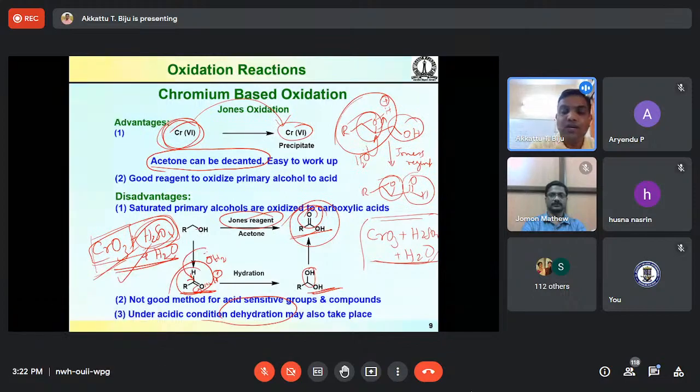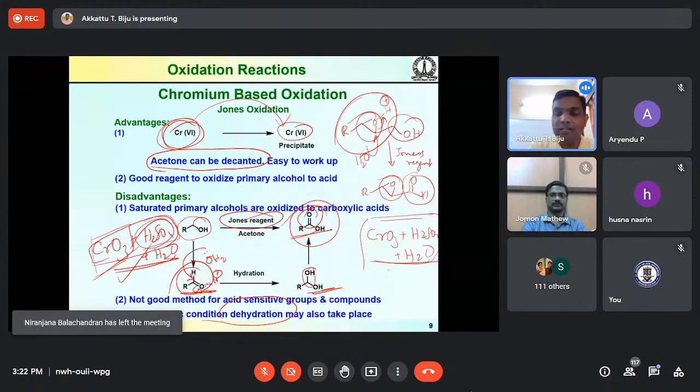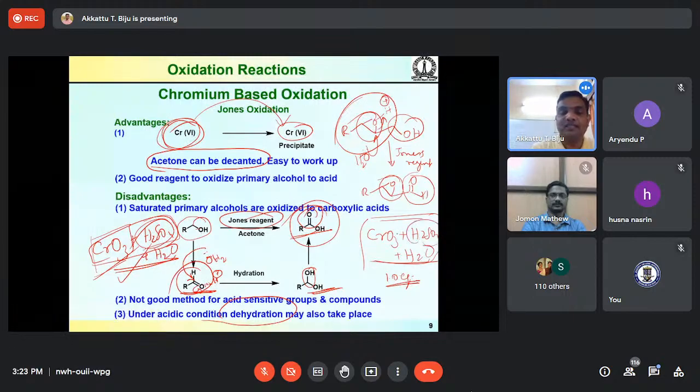So what can happen is, when the alcohol is converted to the aldehyde, even if you use one equivalent of the reagent, once this aldehyde is formed, the aldehyde itself is reactive, but in the presence of acid, it can be further activated via Bronsted acid activation.